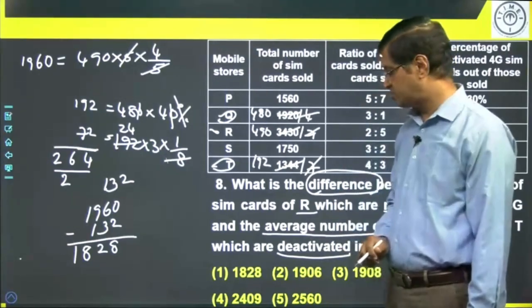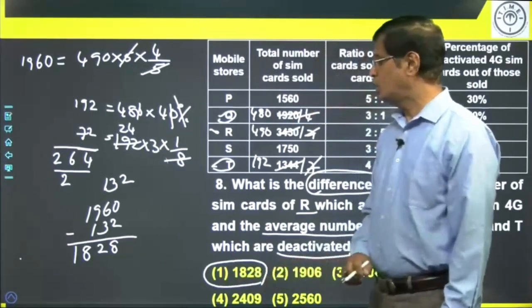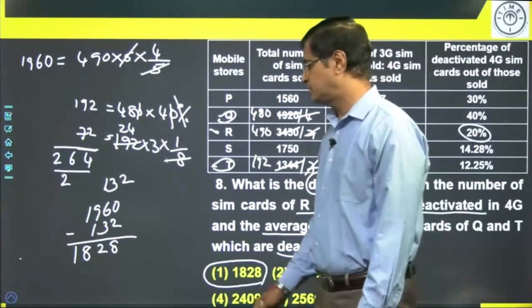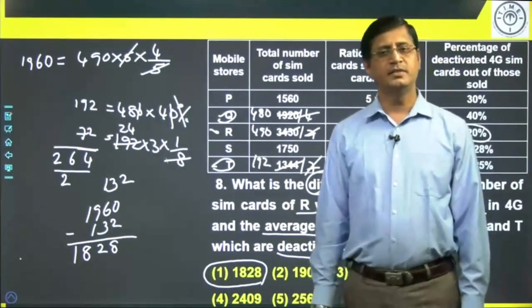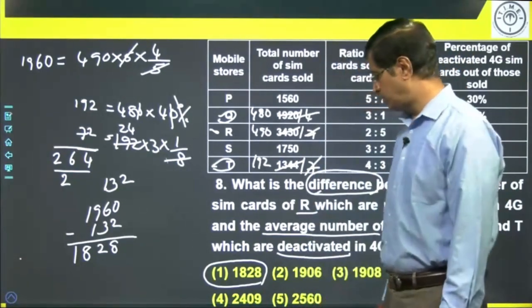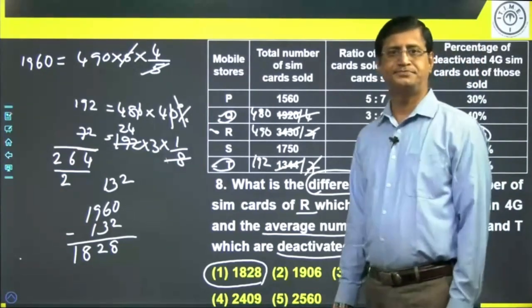The right choice is option number 1. So 60 minus 32 is 28, 19 minus 1 is 18, so 1828 is the right answer. Option number 1, the first choice, is the right choice. Okay.